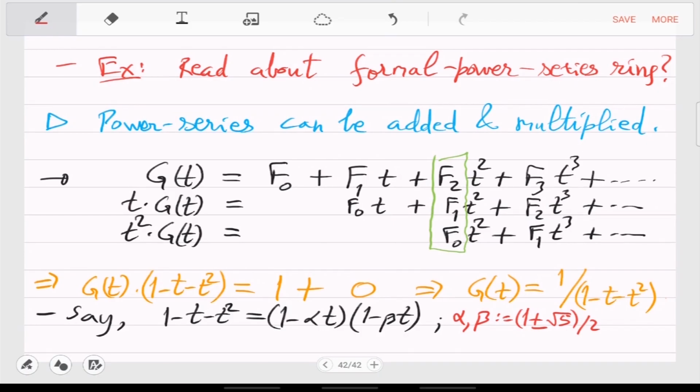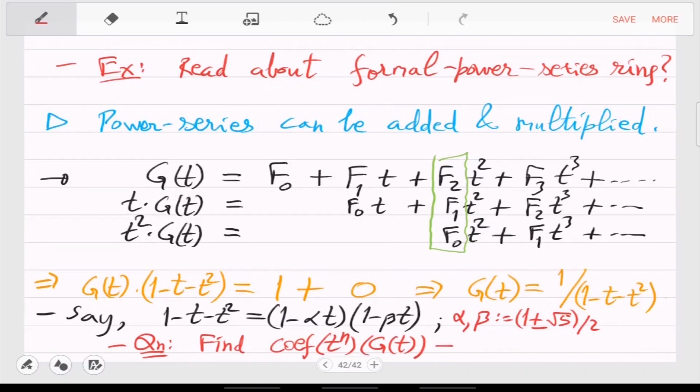So now, how do you plan to use this? What does this tell you about G? Right, you want to find the coefficient of t to the n in G(t).